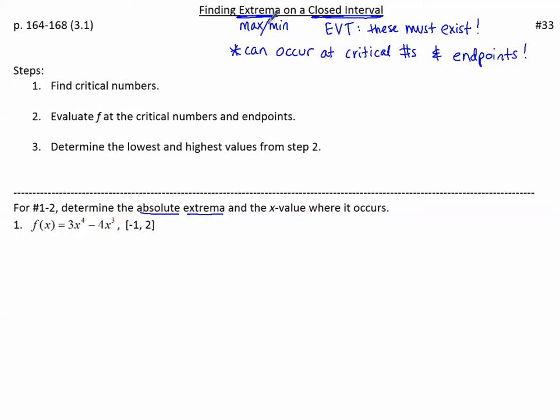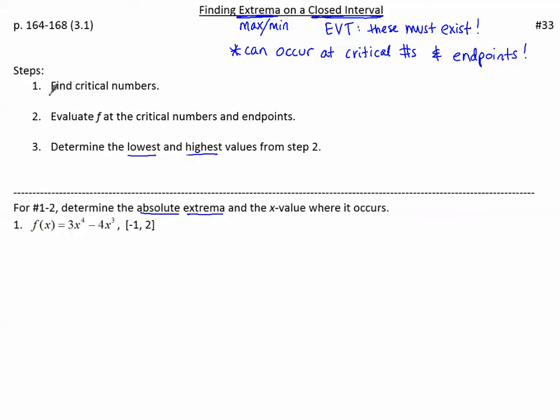Well, remember we just learned how to find critical numbers, and we're given the endpoints of the closed interval, and the max and min just means the lowest and the highest of the y values. We can find all those things without using a graph.